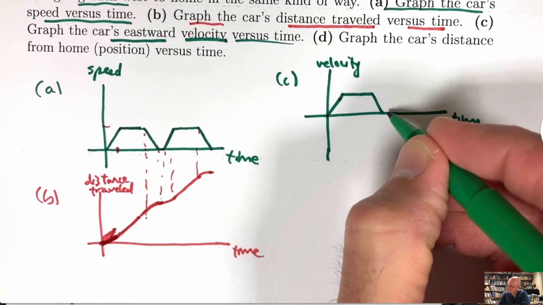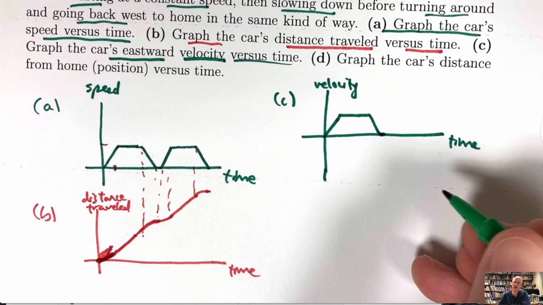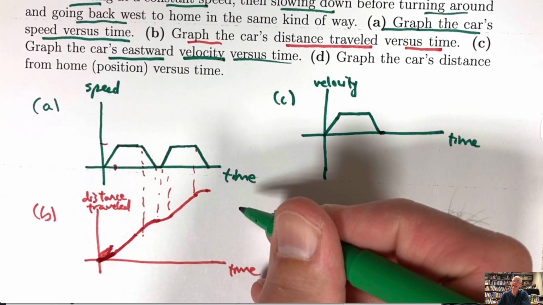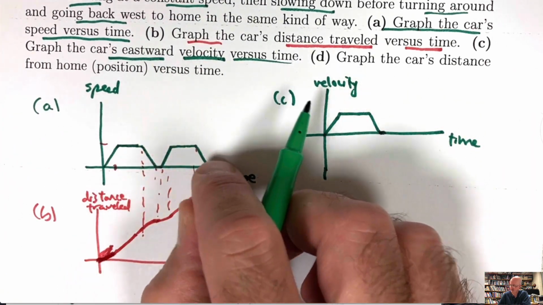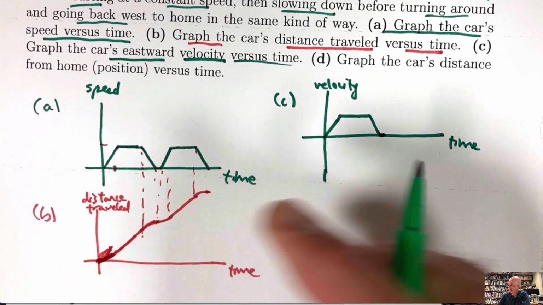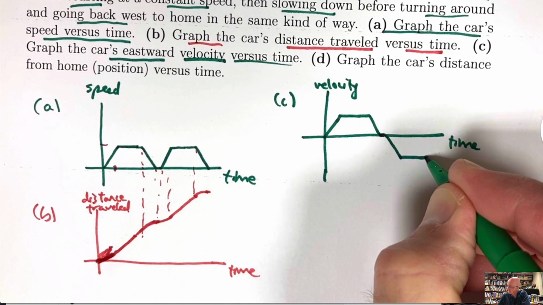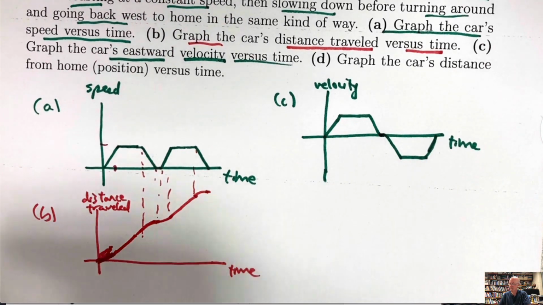But, and then there's the time interval where it turns around, but when the car goes westward to the left, negative velocity, essentially I need to take this piece of the graph right here and reflect it across the time axis, and I get a graph like this. Okay, so that would be a graph of the velocity versus time.